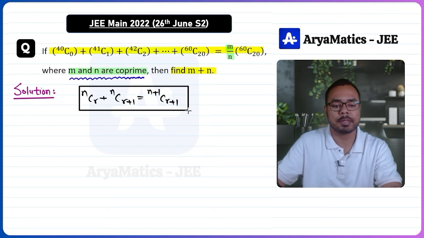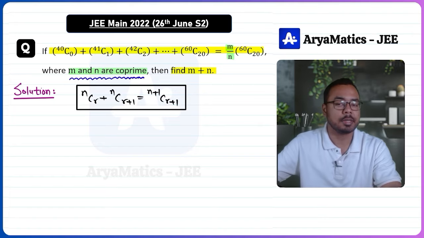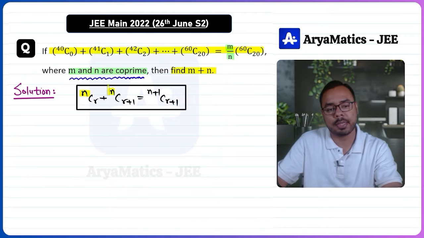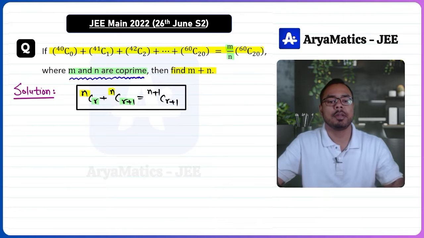In order to apply this property, you can see that the two n's must be the same, and there should be a difference of 1 in r. If one term is r, the other should be r plus 1. So we add 1 to n, and this becomes n+1Cr+1.